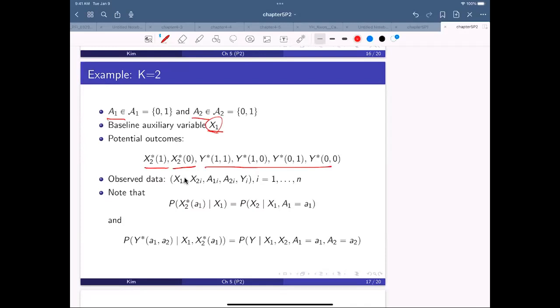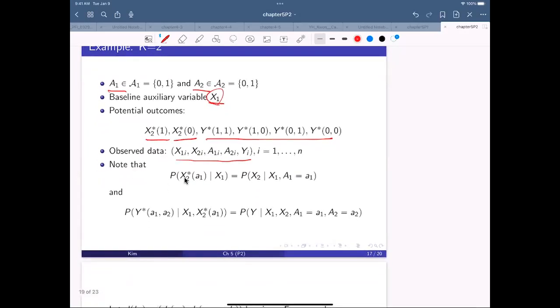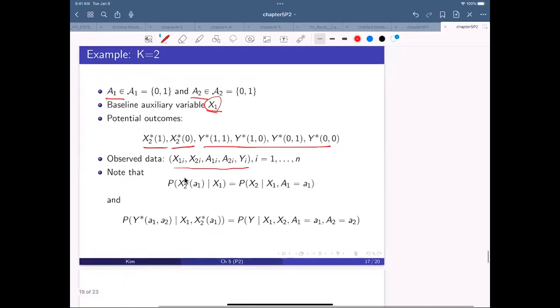But you do observe these five random variables: x1, x2, a1, a2, y. So basically, the homework problem is how you guys can practice solving all the parameters from the toy example.